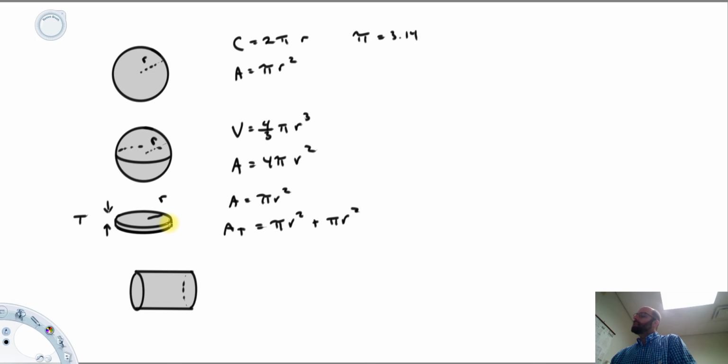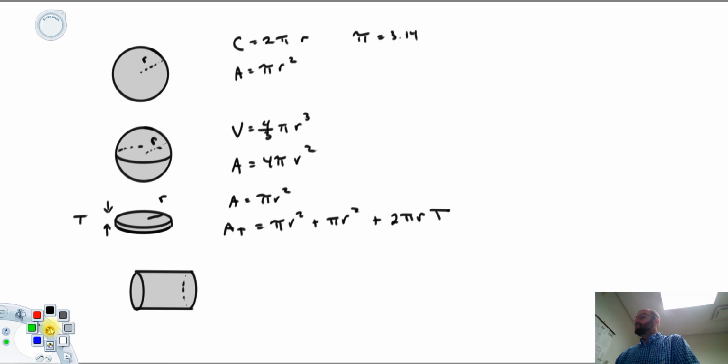Then there's also this little tiny area around it. Typically, in a geometry like this, it's small compared to the other two, but if we needed it, you could calculate that by taking 2 pi r times the thickness. The reason that works is that 2 pi r is the circumference, remember? That would be like this distance around. Then when we multiply by the thickness, we get the area of that little side surface.